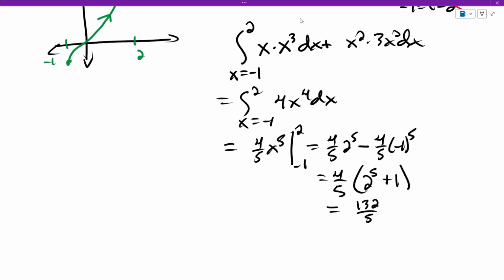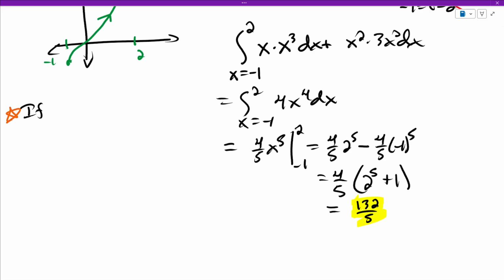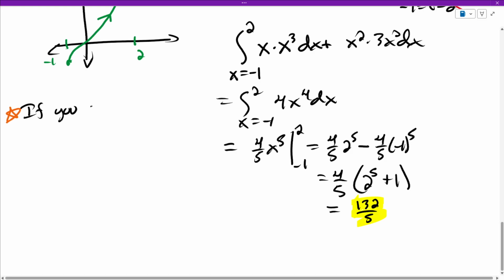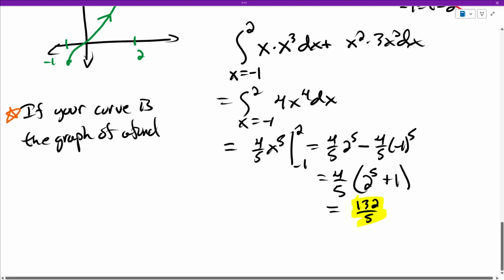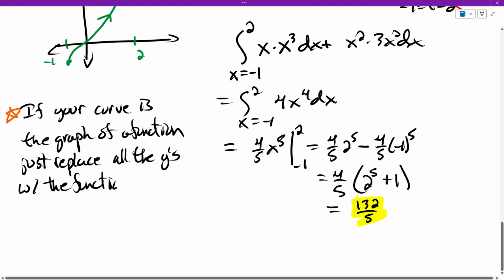All right, that's it. So here we weren't given the parameterization. We were given the graph. But note well, if your curve is the graph of a function of x, just replace all the y's with the function of x, and just integrate like usual.